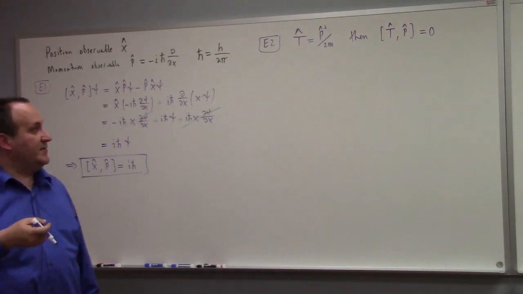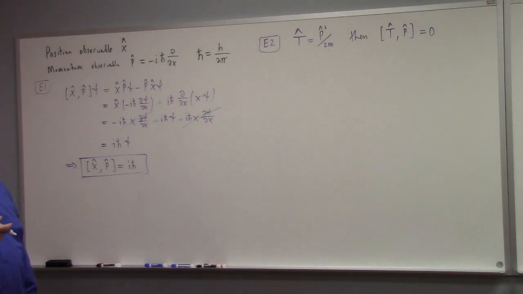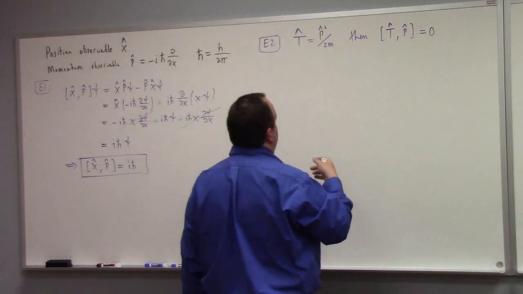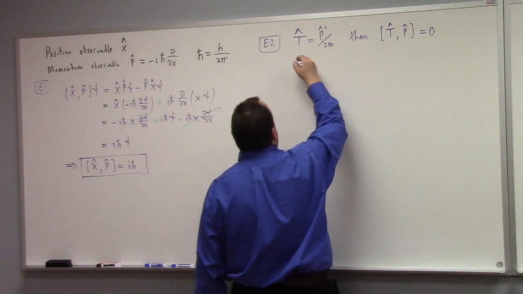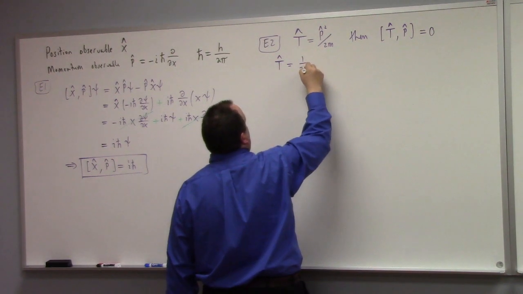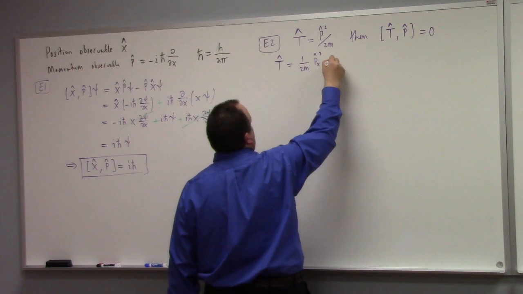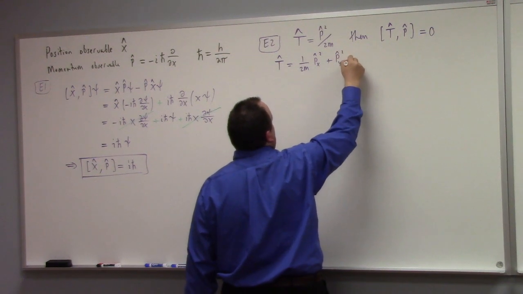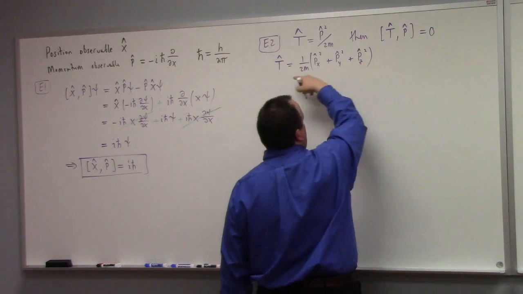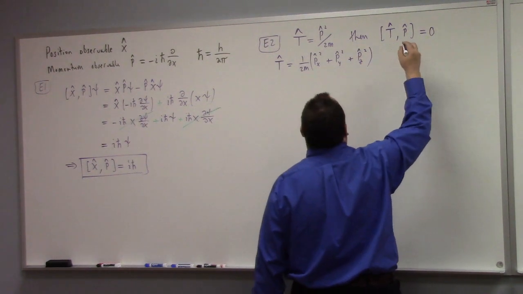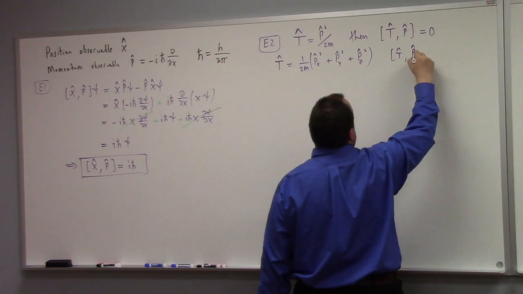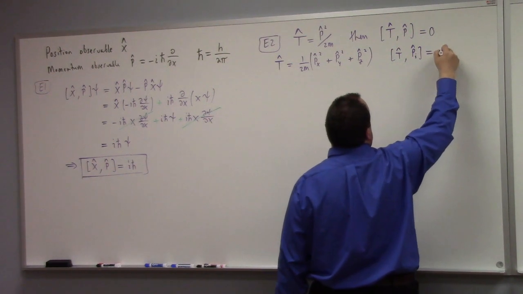And you could do this in one dimension. We could do it in more dimensions, right? This could be just as well 3-dimensional. We could be talking about 1 over 2m times p_x hat squared plus p_y hat squared plus p_z hat squared, the total 3-dimensional kinetic energy operator, and if we did T hat with any one of those, we'd get 0.